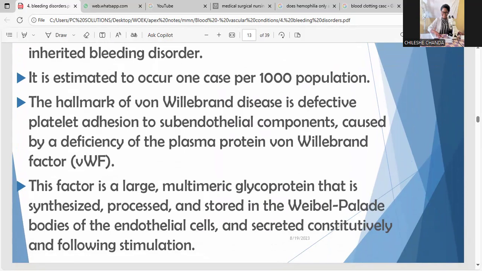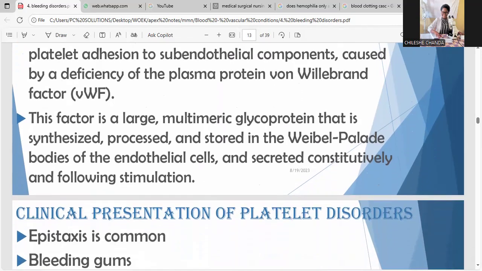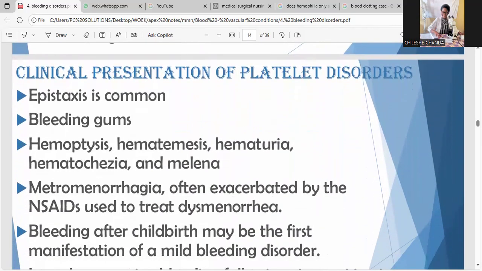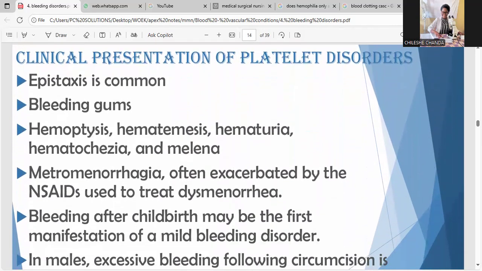This factor is a large multimeric glycoprotein that is synthesized, produced, and stored in the bodies of endothelial cells. So you find that if this one is not there in this human being, the platelets will be unable to aggregate and to adhere to the endothelium.